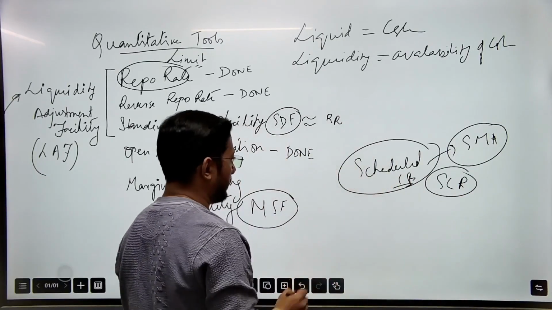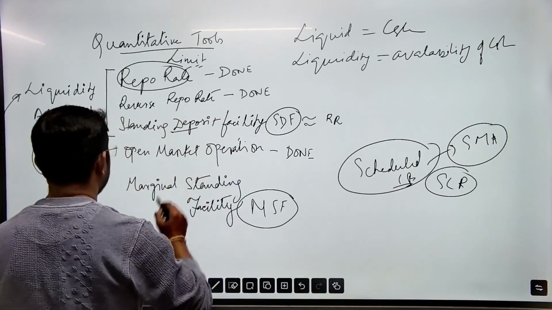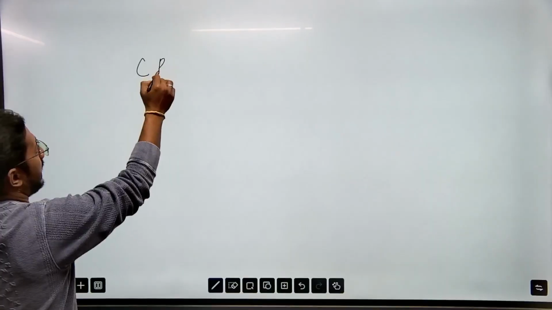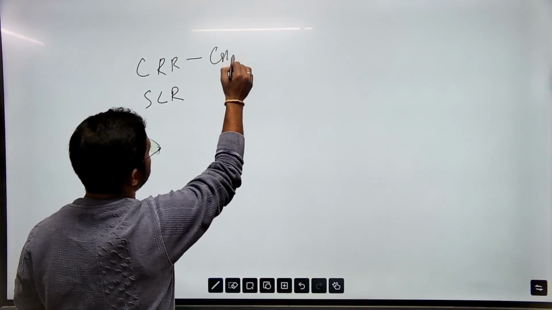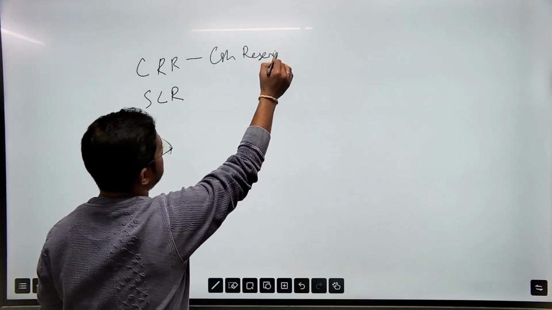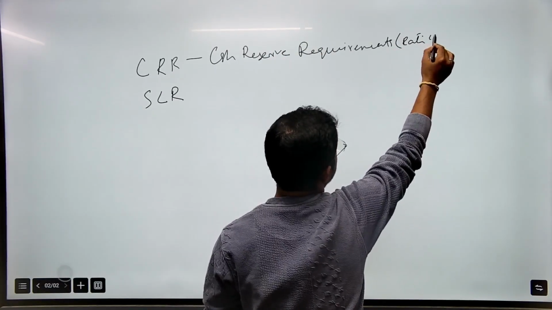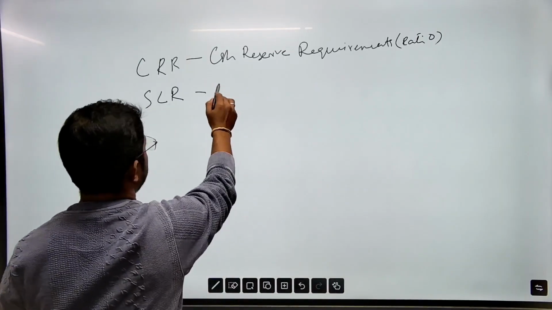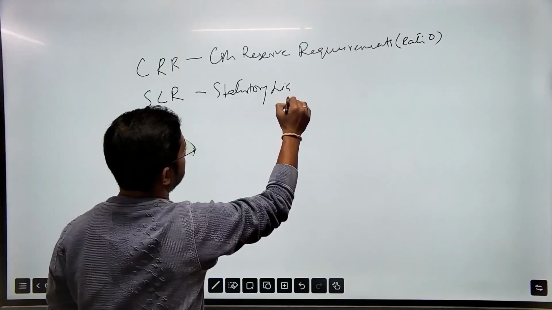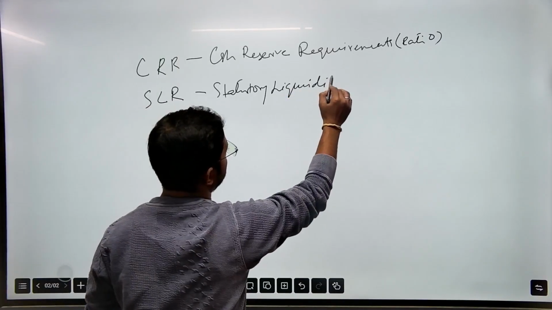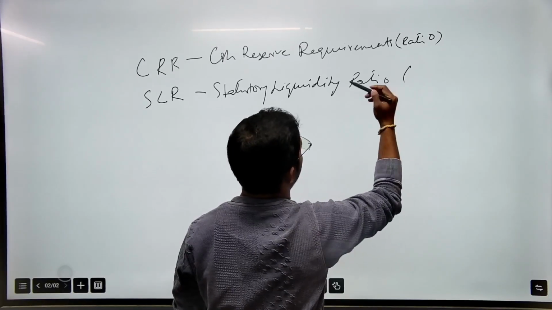Now we have to know about two more terms: CRR and SLR. CRR stands for cash reserve requirement or ratio. SLR is the statutory liquidity ratio or requirement.